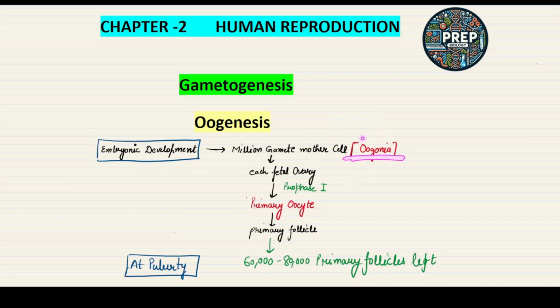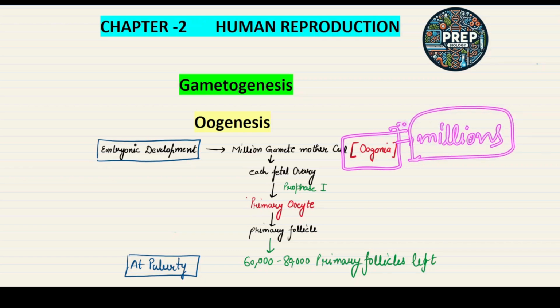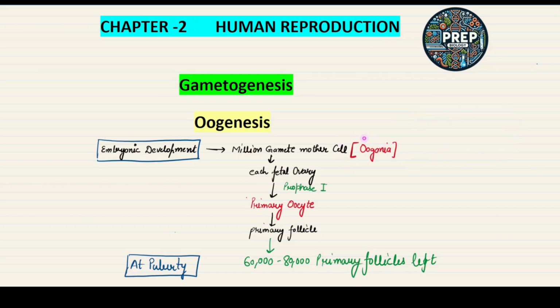Okay, so in the fetus, these oogonia are produced, about a million in number. Millions of oogonia are firstly produced in the ovary of the fetus.